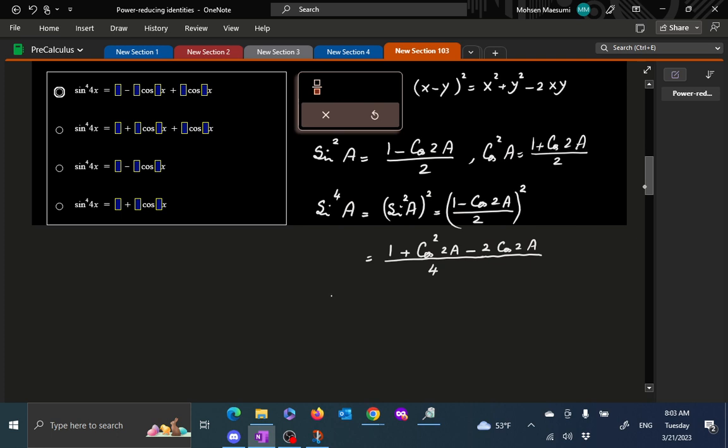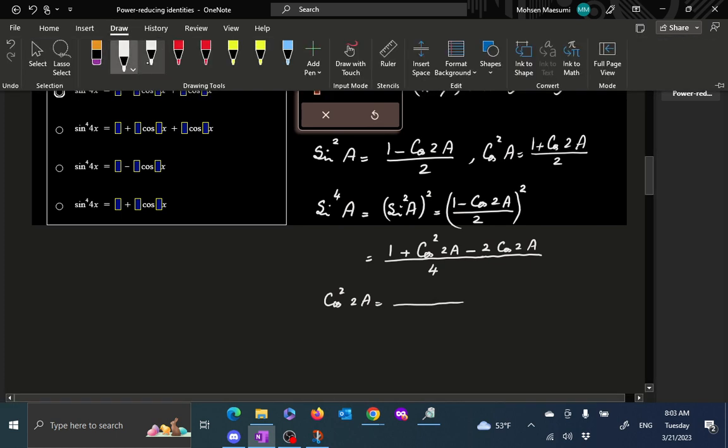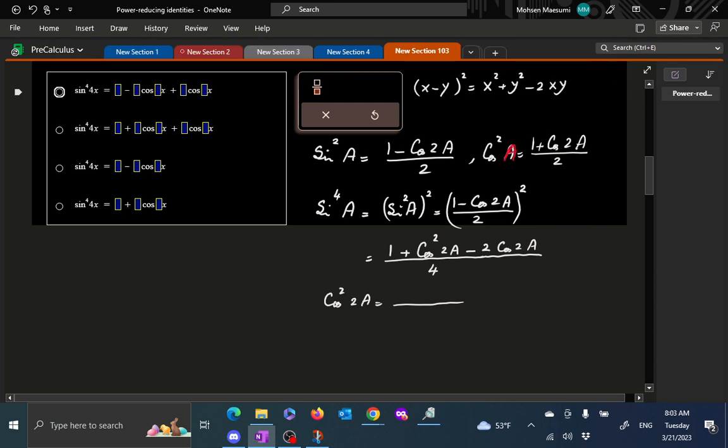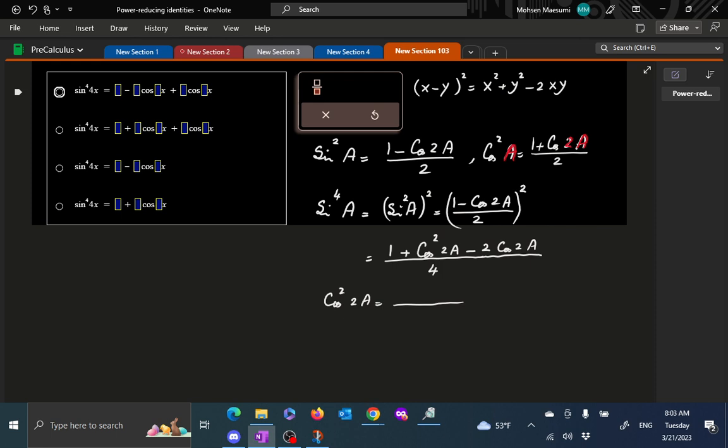So here let's remind ourselves, cosine square of 2a. If it was a here, this would have been 2a here. So if it is 2a on the left, it will be 4a on the right. Is that right? Instead of a, I'm writing 2a, and everywhere else I do the same thing.